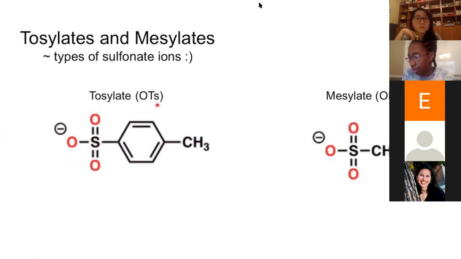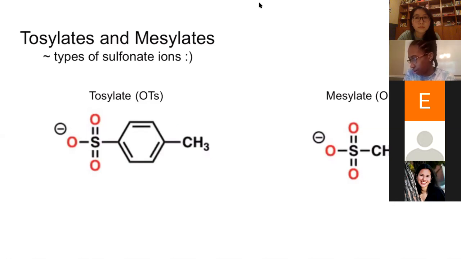They're often abbreviated as OTs, so make sure you recognize that as well. And as you can see, this is an incredibly good leaving group. So we have our minus charge on one of the oxygens, and as you can imagine, we have a lot of resonance that would go on in this molecule that will be able to keep things very, very stable.